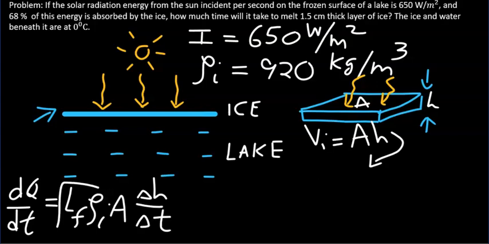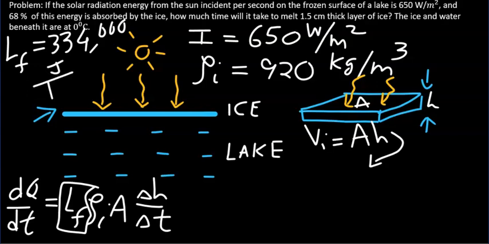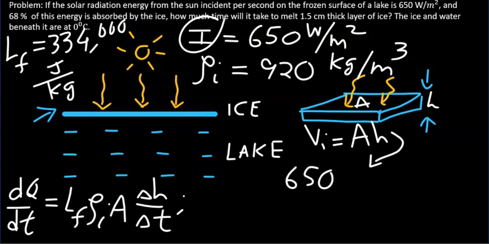So this L sub F is the latent heat of fusion for water, and its value is 334,000 joules per kg. One other thing is this intensity tells us every second 650 joules of energy falls on a surface area with a size of 1 meter squared.